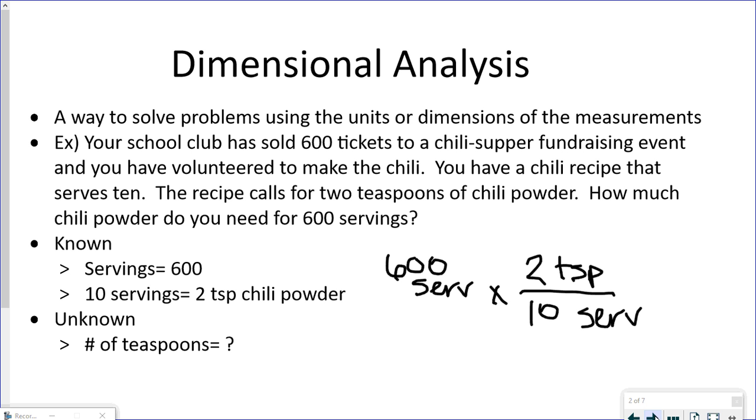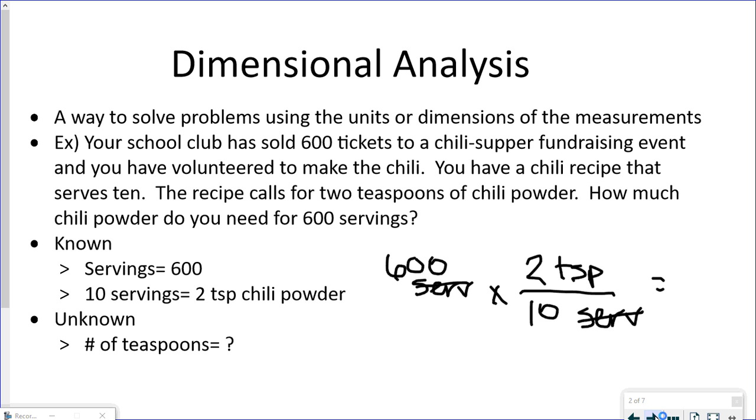So that will cancel out the unit of servings and leave us with teaspoons, which is what we're looking for. So we can actually punch this in the calculator, and any number on top of the fraction you're going to multiply.